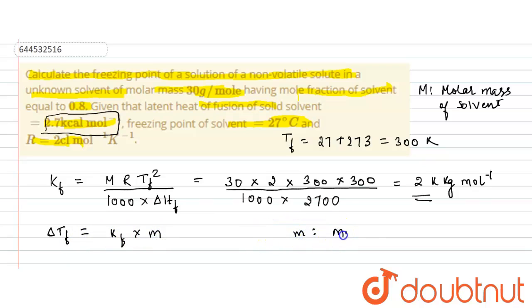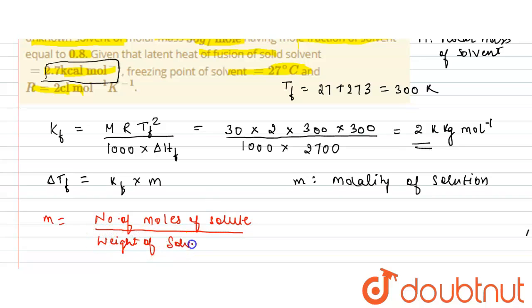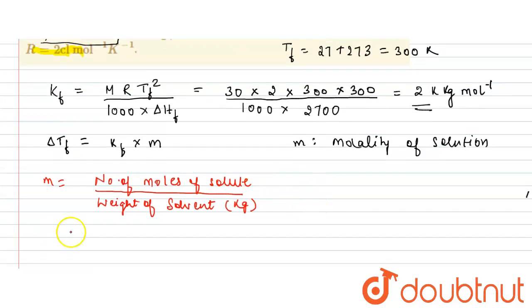Small m is the molality of solution, which is nothing but number of moles of solute divided by weight of solvent in kg. This is only molality, right?